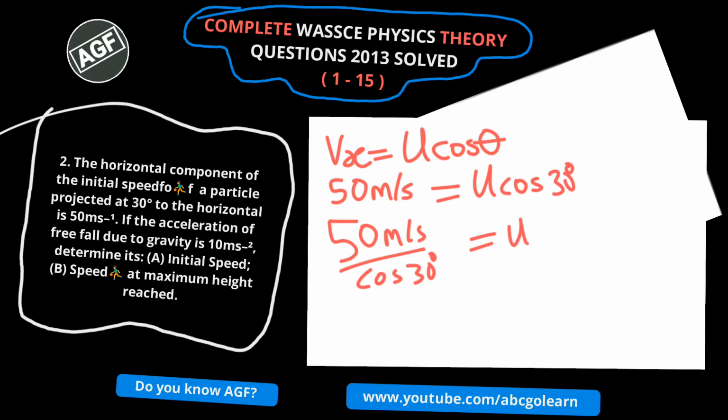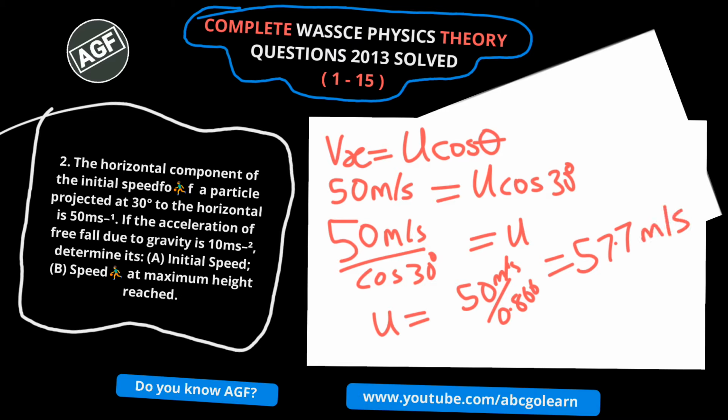If you try your calculator, cos 30 gives something like 0.866. Solve all this and you get your final answer to be 57.7 meters per second.